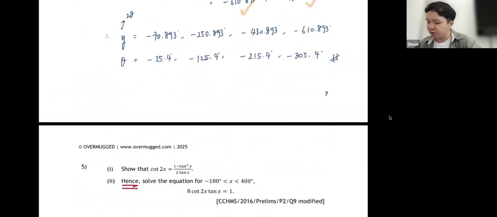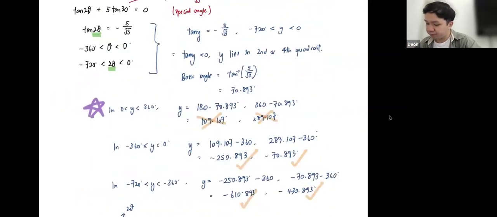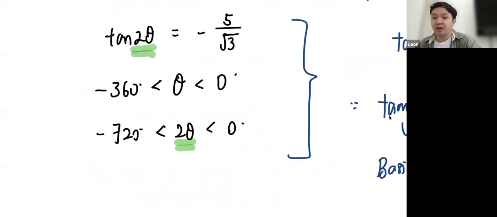So for example, for this question, if 2 theta fits the range, when you divide, your theta will fit the range. Confirm will fit. It will never not fit. Make sense? As long as you start correctly and make the correct adjustments, if it fits this range, after you go backwards, it will also fit. That's a very good question. I've not heard it before.